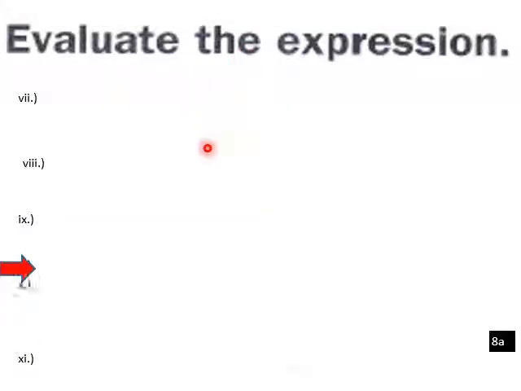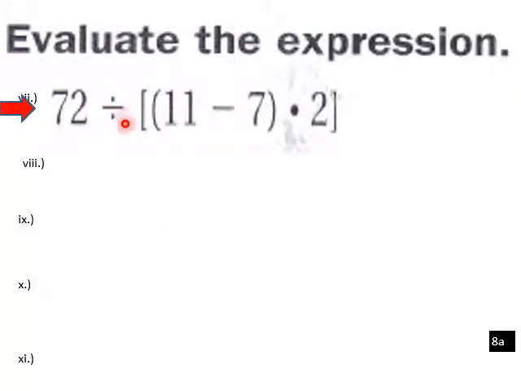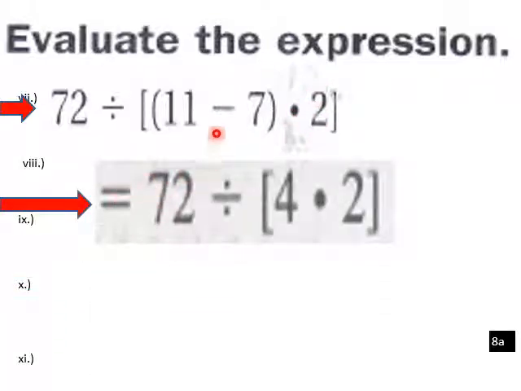To evaluate that expression, 72 divided by a bracketed 11 minus 7 in parentheses multiplied by 2, close bracket. First we would start with our most inside expression here, 11 minus 7, which is 4. And then we keep this here, 4 multiplied by 2.